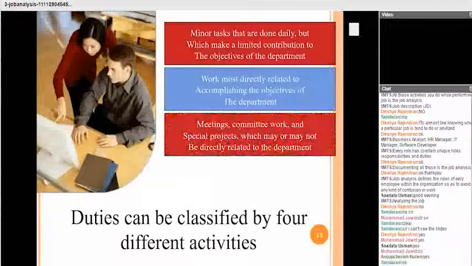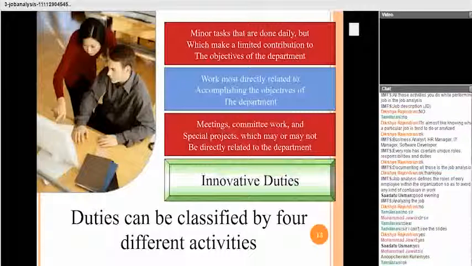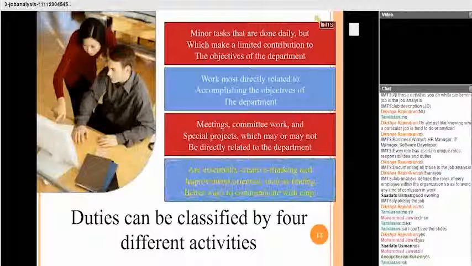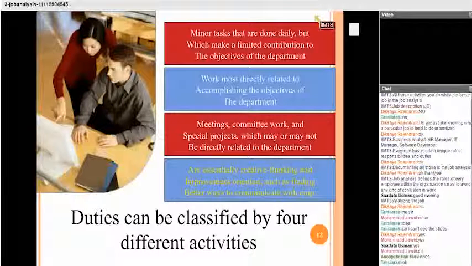Then special duties: meetings, committee work, special projects which may or may not be directly related to the department. Then innovative duties are essentially creative thinking and improvement oriented, such as finding better ways to communicate with the employees. So these are the 4 major types of duties performed by the employees within the organization.